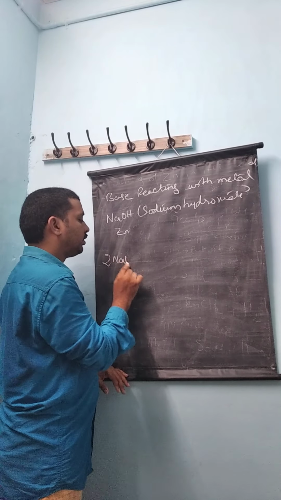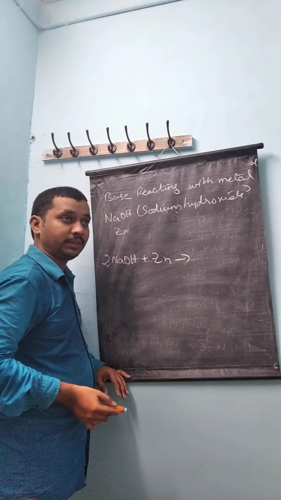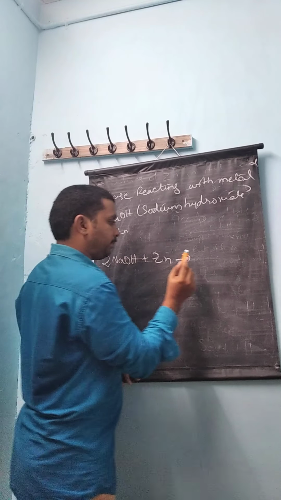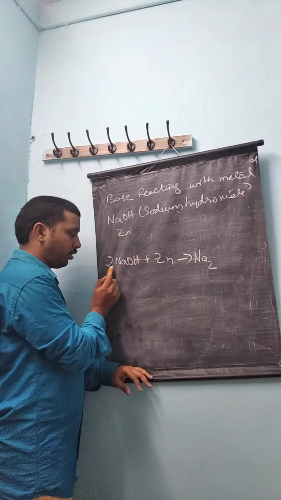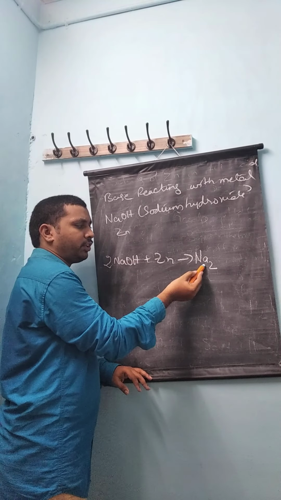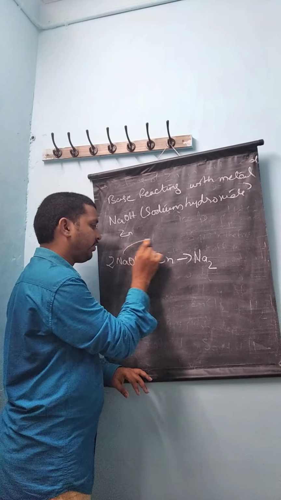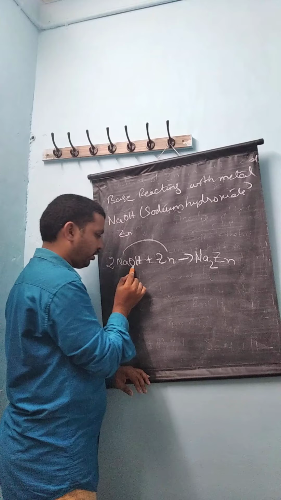Reaction of sodium hydroxide with zinc. Listen carefully. Sodium is written like this. Here two sodiums are there, so I wrote sodium as Na2. Next, reacting with zinc, Zn. And how many oxygens here?